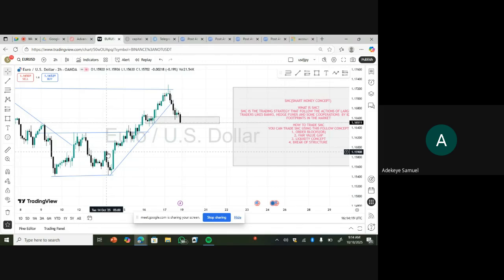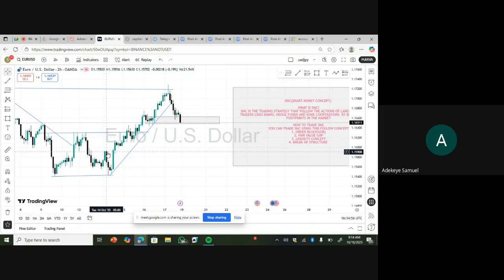Remember in my episode 1, I mentioned that banks have 70 to 80% share of all forex transactions that are trading currency pairs. So they are the ones that move the market. They are the ones that control and influence the market the most.